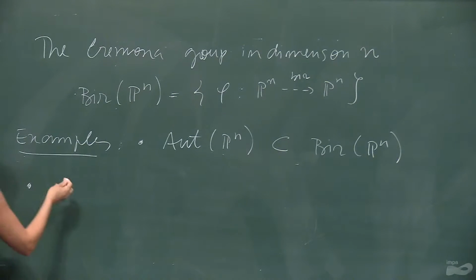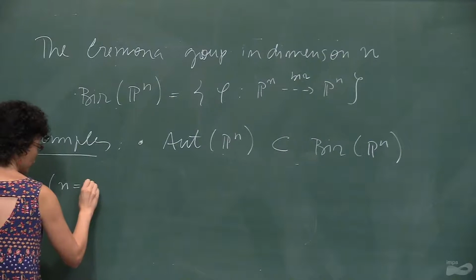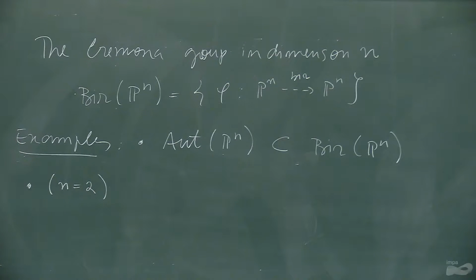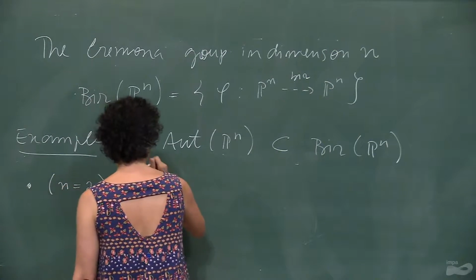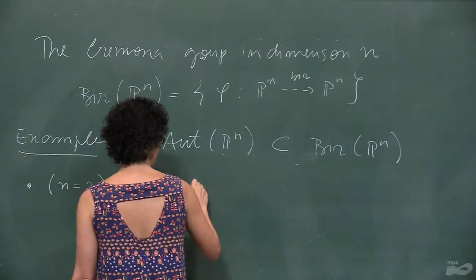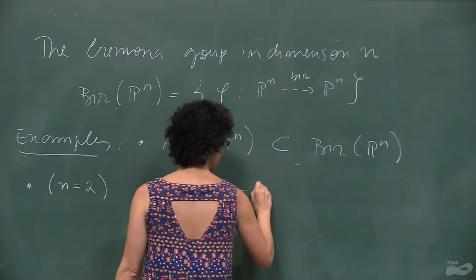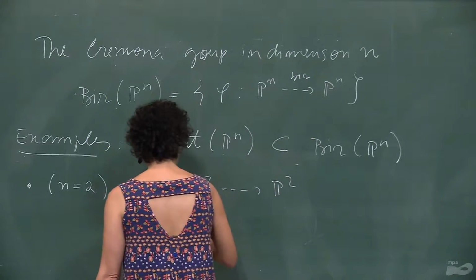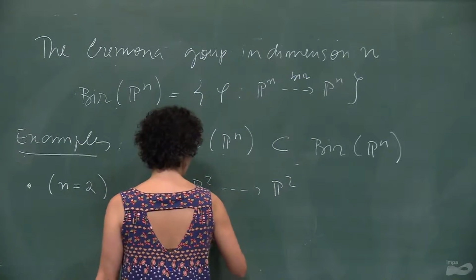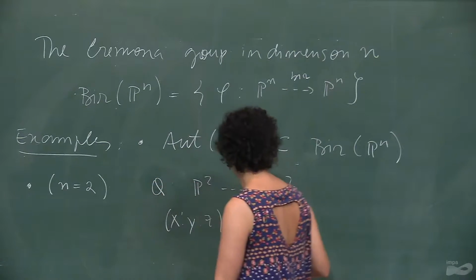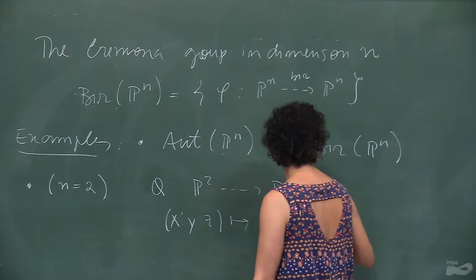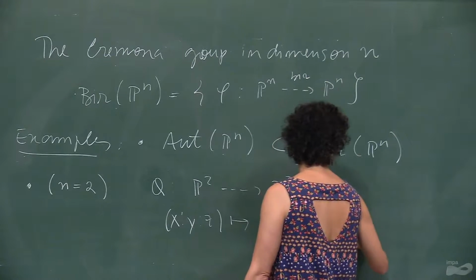The simplest one in dimension 2 is the standard quadratic transformation. Let me call it Q from P2 to P2. I think the easiest way to write this down is 1 over x, 1 over y, and 1 over z.